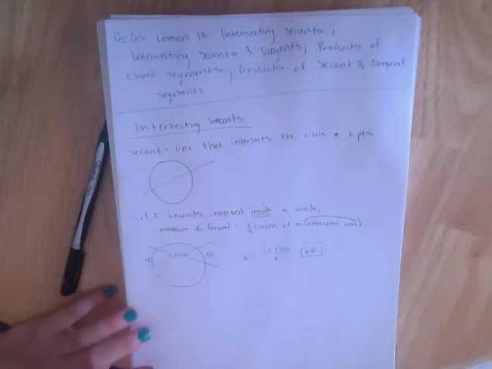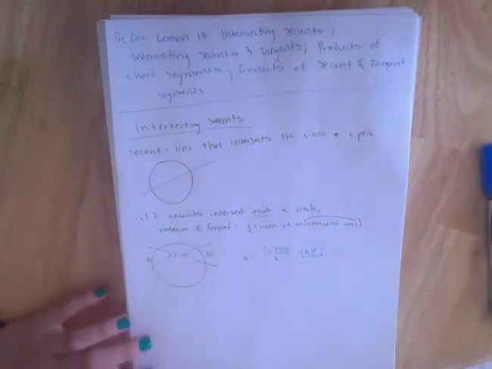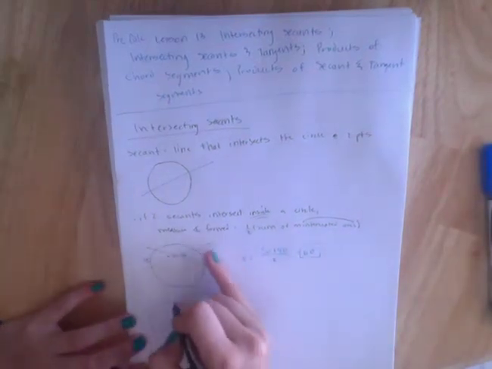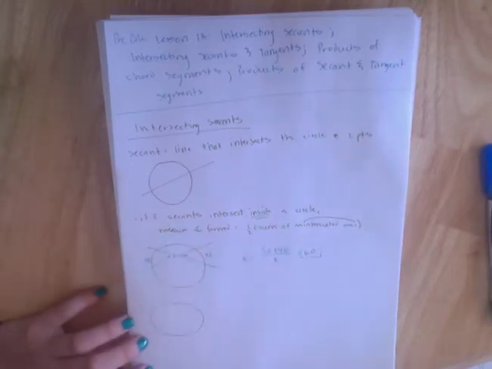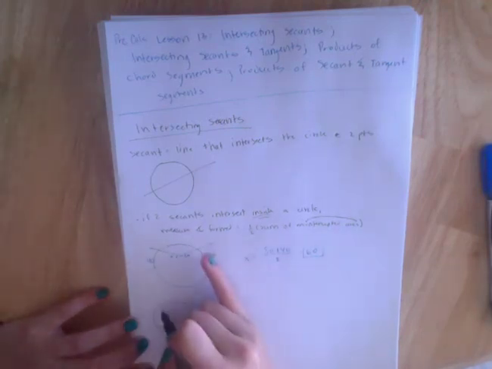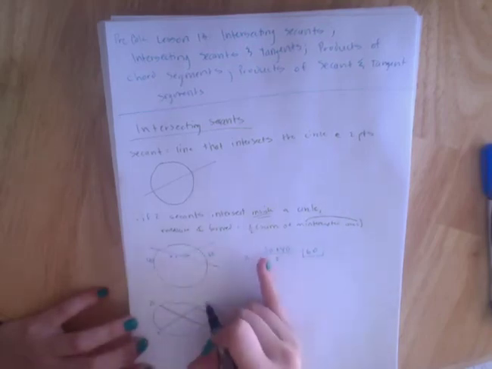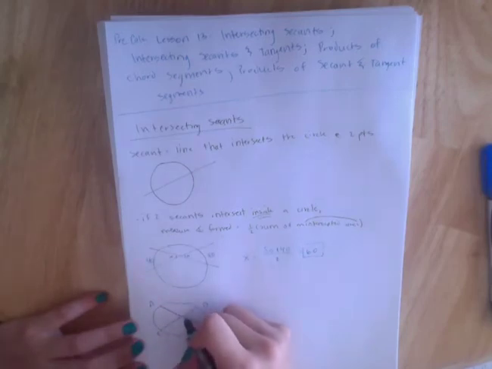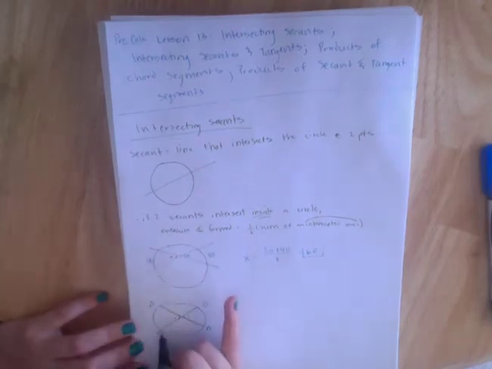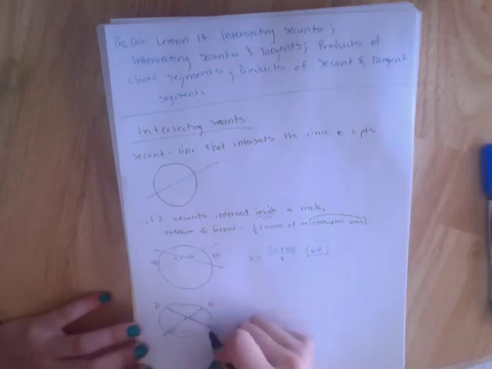Okay, now let's do a quick proof of that. I'm going to again draw my circle and my two secants. I'm going to label these A, B, C, and D. This is angle 1. This will be angle 3.